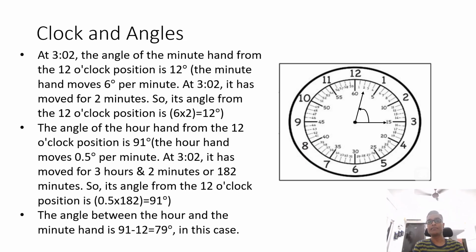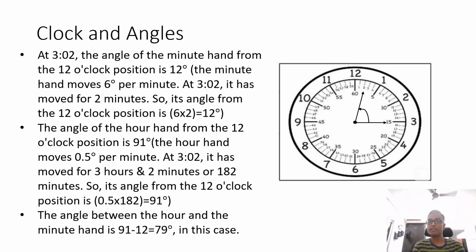Now at the same time, the hour hand has moved for 3 hours and 2 minutes. Or if we convert it into minutes, it would amount to 182 minutes. So the angle of the hour hand from the 12 o'clock position would be 91 degrees.